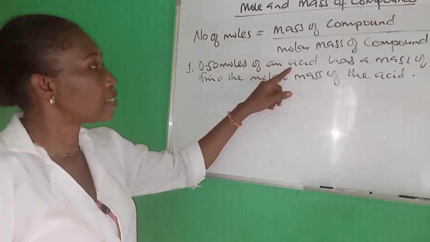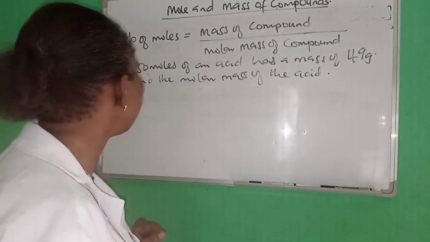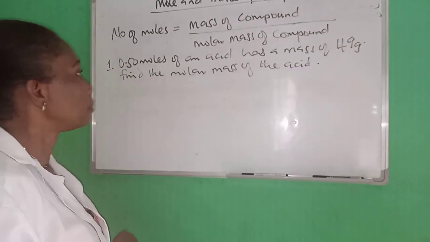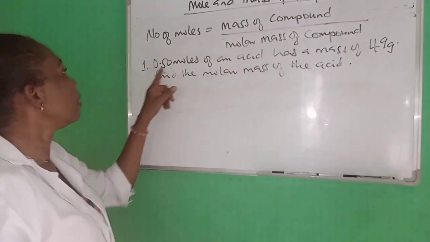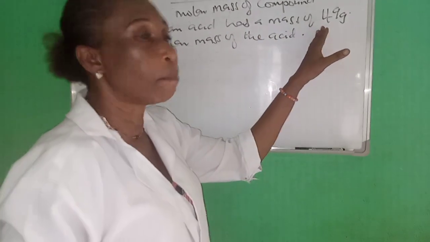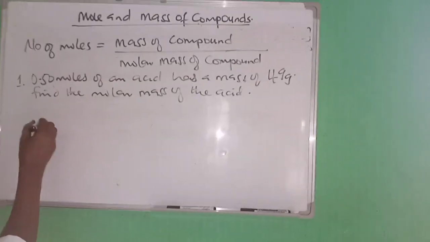0.50 moles of an acid has a mass of 49 grams. Find the molar mass of the acid. Here we have been given the number of moles of this acid, and we have been given the mass of the acid. So what do we do?